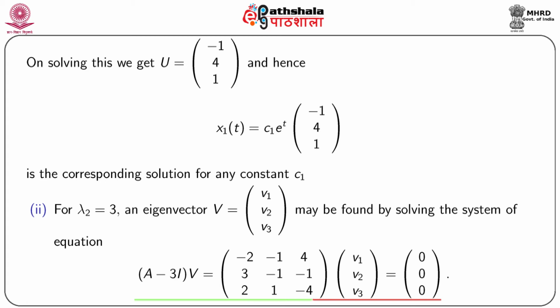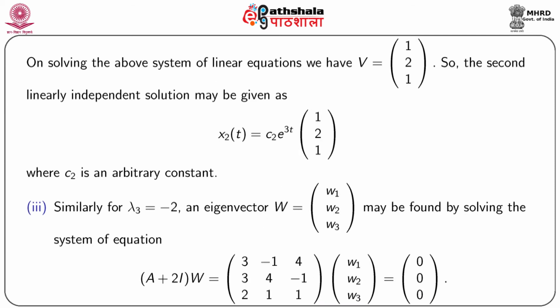Again we will get 3 equations if you multiply this and equate each of them to 0. Solving those 3 equations, we will get V equal to (1, 2, 1) as one of the solutions, and we can conclude that the second linearly independent solution is given by x2(t) is equal to c2 e to the power 3t times (1, 2, 1), where c2 is an arbitrary constant.